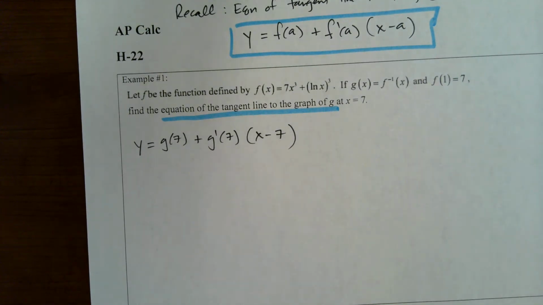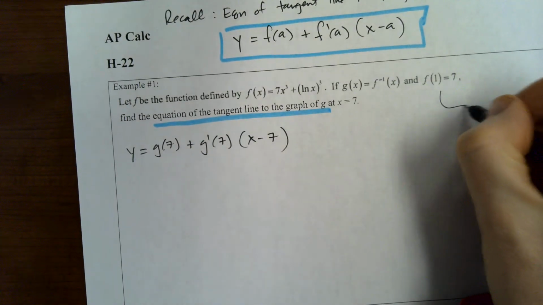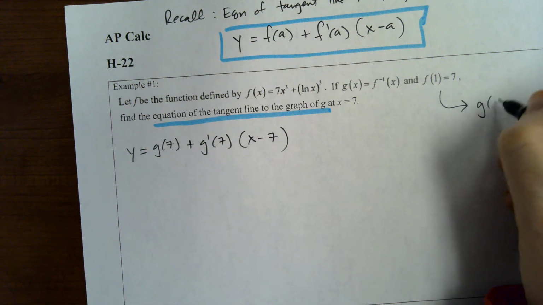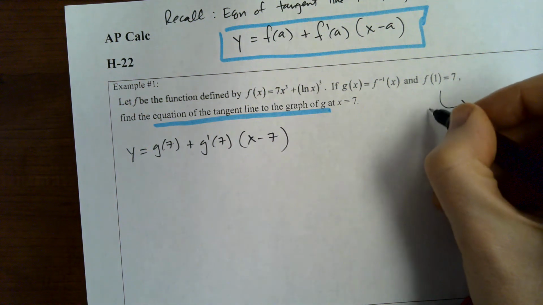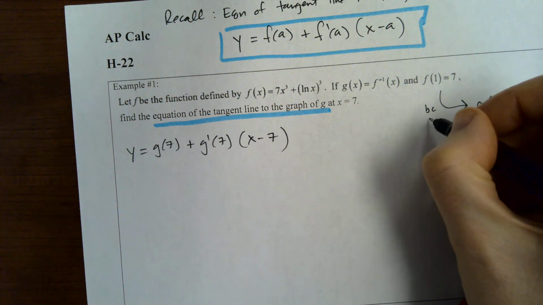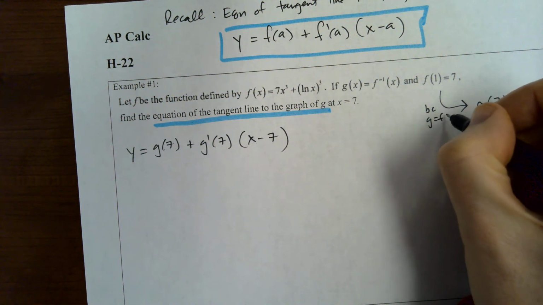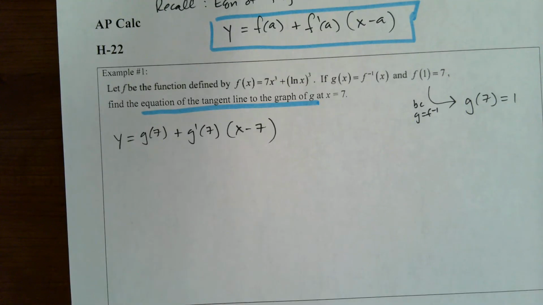And if f and g are inverses, then we can also say that g of 7 equals 1. Okay, because f and g are inverses. Okay, so that's how the inputs and outputs work. They switch places.